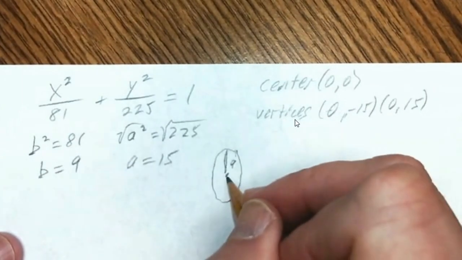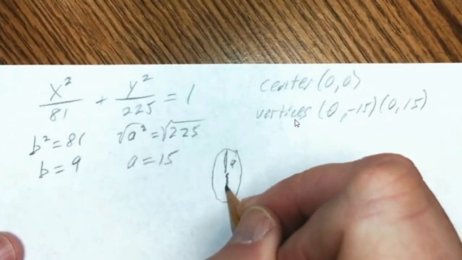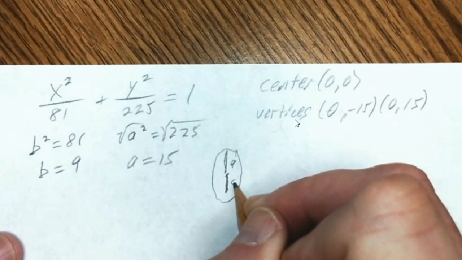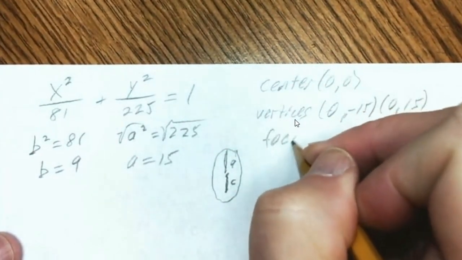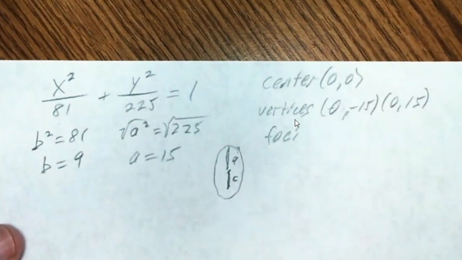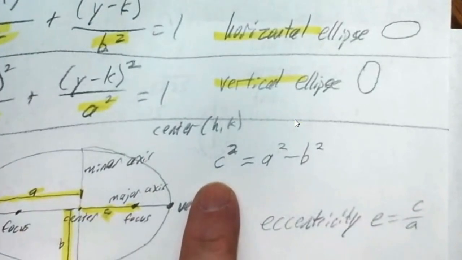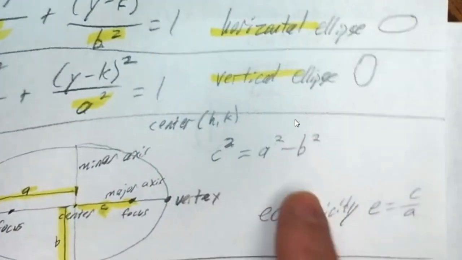And the focal point is going to be from the center a distance of c. So for the foci we've got to calculate what c is. If we go back to our notes, c squared equals a squared minus b squared.